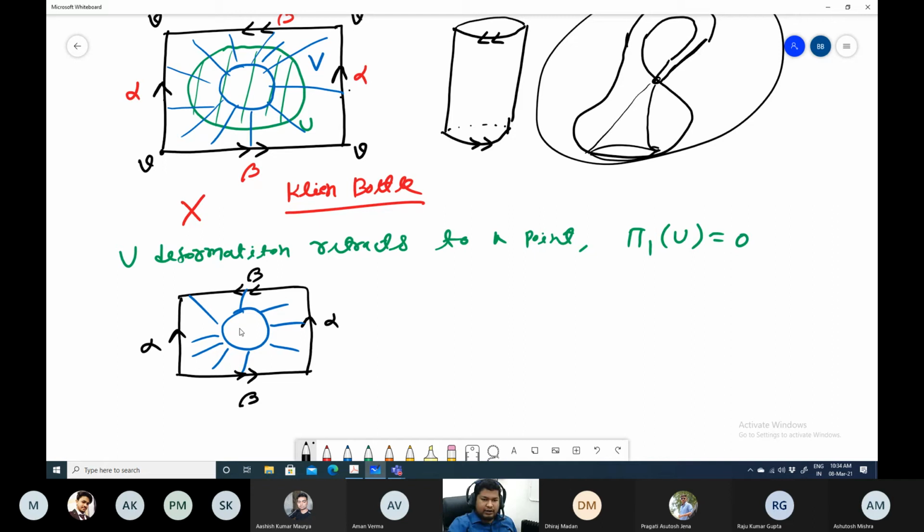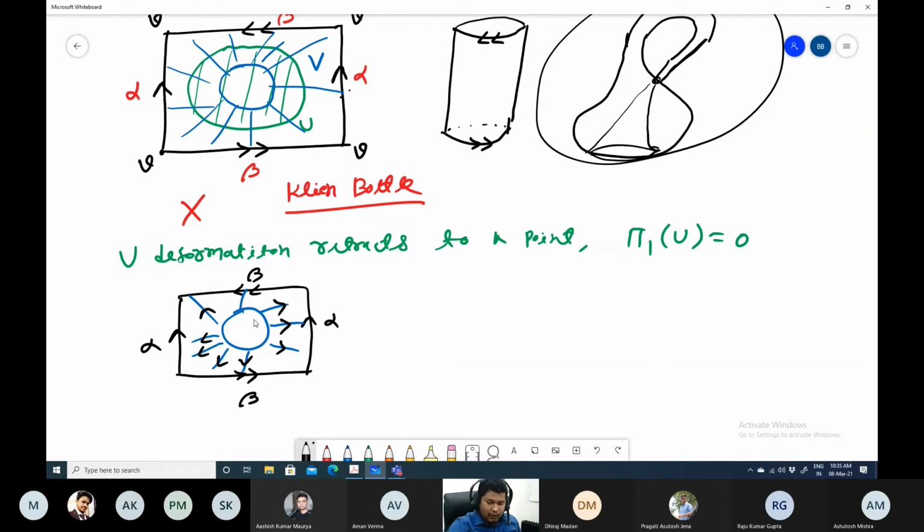Now if you deformation retract in this direction, it looks like suppose you have a hole somewhere and you are just stretching that hole. That is when you are making that hole bigger and bigger.